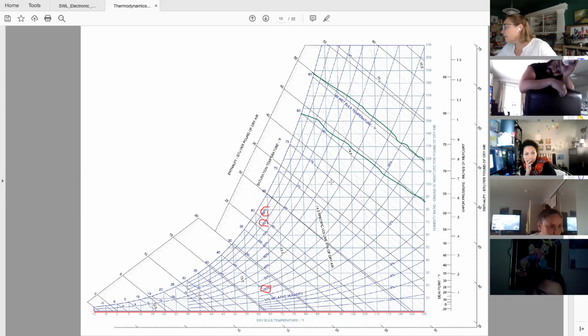We got 70 here, we got 75 there. So what that means is 25% relative humidity is pretty low. So even though it feels really hot, there's such low moisture content that wet bulb temperature is just over 70 degrees.